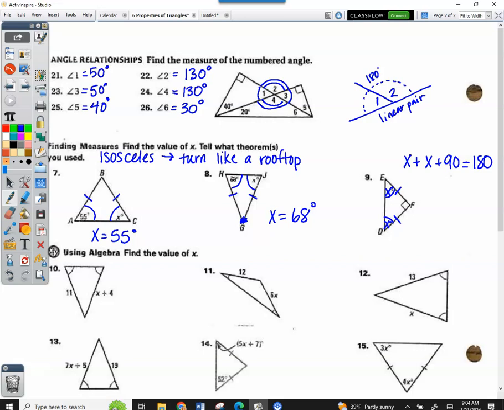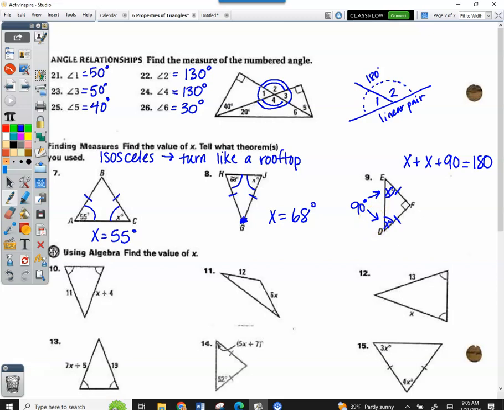Yes. Very good. So this measures what, y'all? This is 90. That leaves how much left in the triangle? If we do the subtraction method, we got 180. We take off 90. That leaves me with 90. So I have 90 degrees between these 2 angles, which have to be equal to each other.